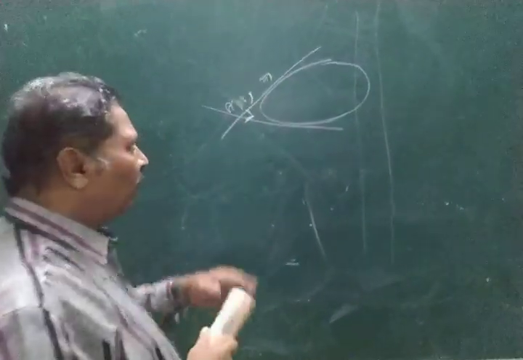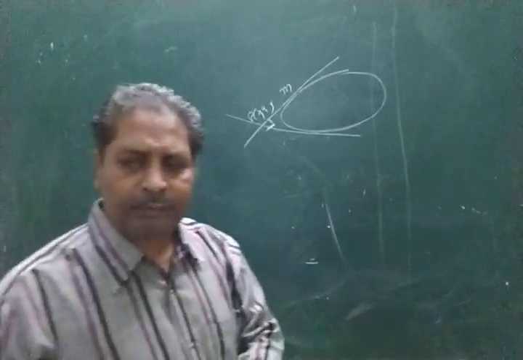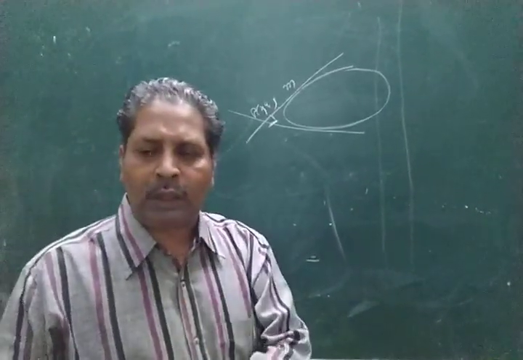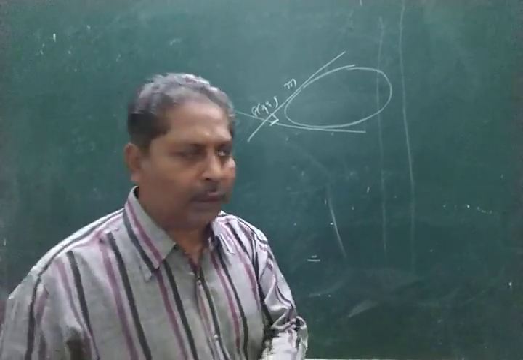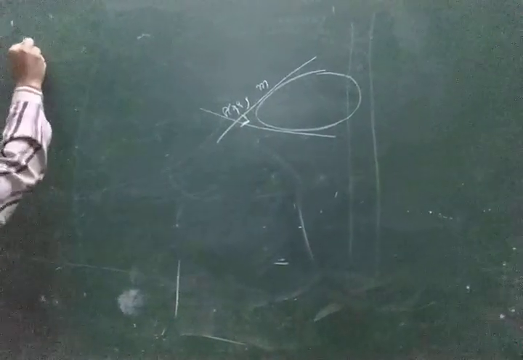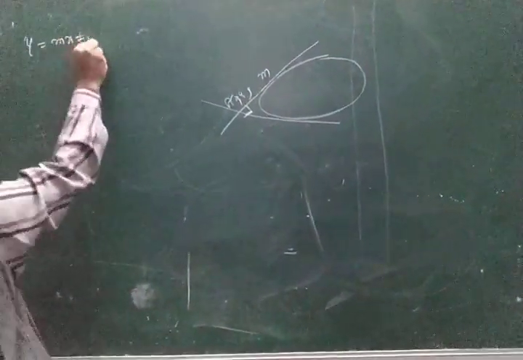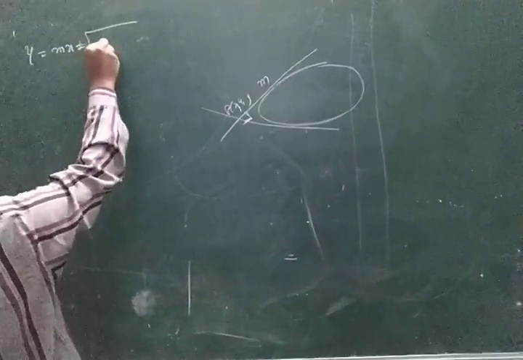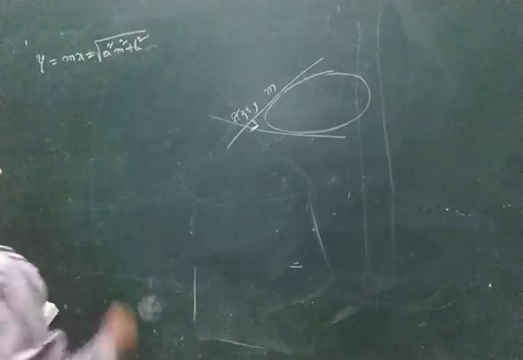Let m be the slope of the tangent. We know the equation of the tangent in the slope form: y equal to mx plus or minus under root a square m square plus b square.